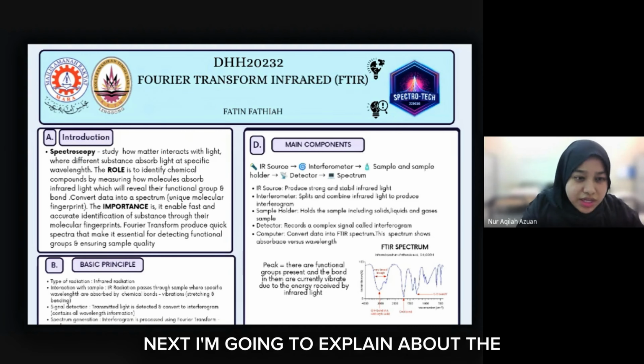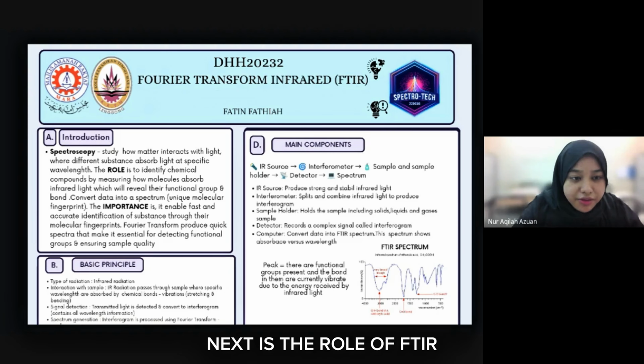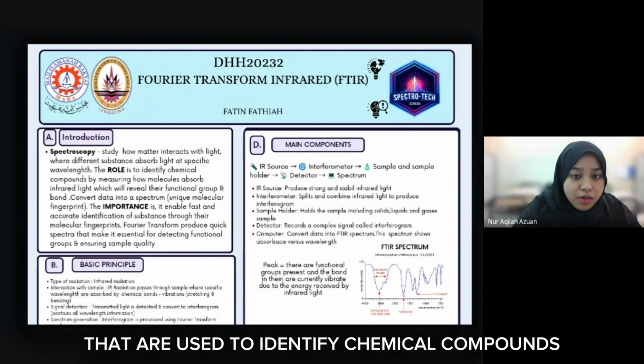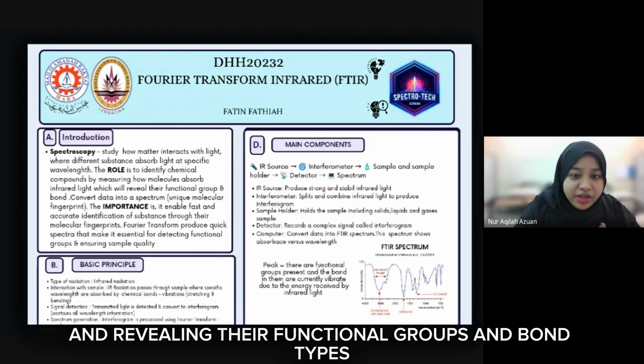Next, I'm going to explain about the role of FTIR. FTIR is a technique that is used to identify chemical compounds by measuring how molecules absorb infrared light, revealing their functional groups and bond types.